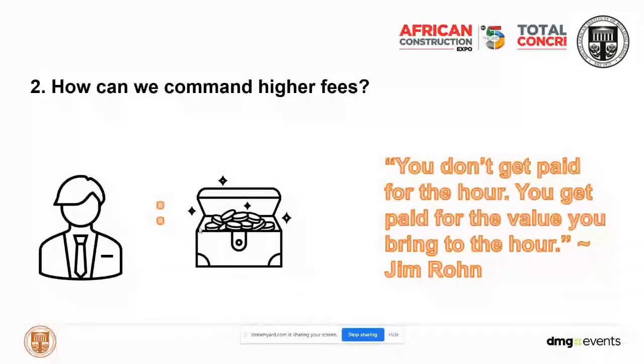And so they charge clients not for time, but for the value that they are adding to the project that they're working on. And this idea has fascinated me, that I don't need to work on an hourly rate, but I need to come to terms with what my value is in terms of the project cycle and charge for that.